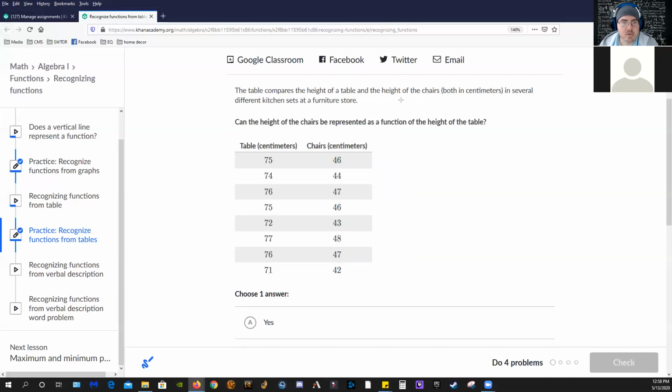Can the height of the chairs be represented as a function of the height of the tables? 75, 74, 76. Okay, hang on. I got a 75 here and a 75 here. 76 here, 76 here, 74, 72, 77. Okay, so here's the question.